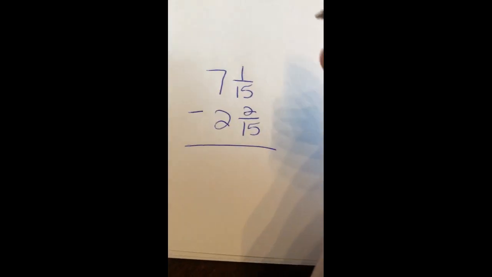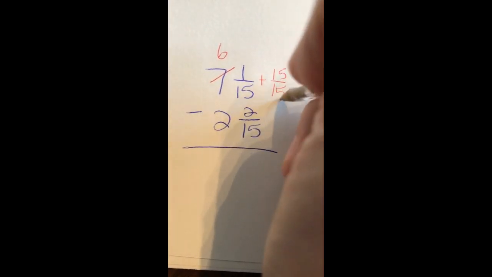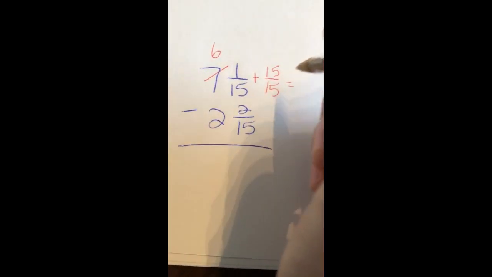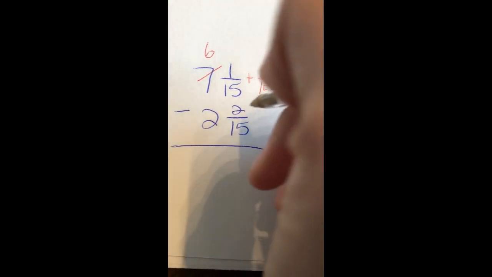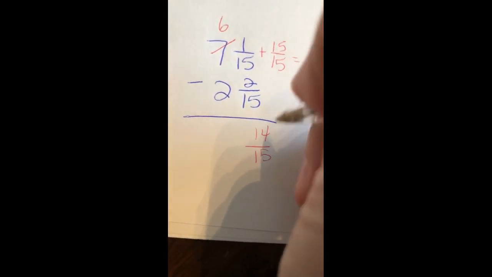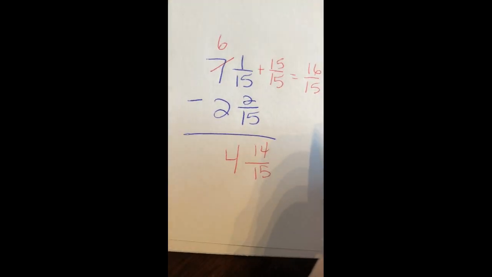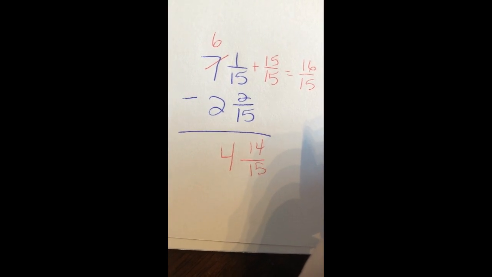I cannot subtract 1 minus 2, so I'm going to have to cross off my 7, make it a 6, and add another 15/15. 15 plus 1 is 16 over 15. 16 minus 2 is 14 over 15. And 6 minus 2 is 4. So the answer to number 11 on page 20 is 4 and 14/15.